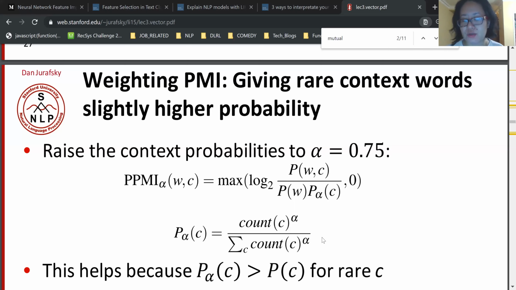You can just use this PMI metric to come up with your word vectors for your words. But after you form this PMI, you also need to use singular value decomposition to find a more dense representation vector for each of these words, right?